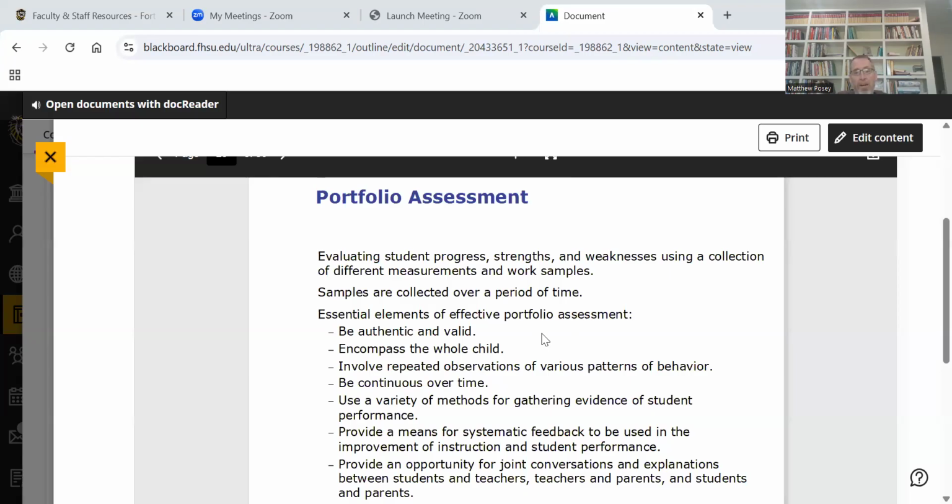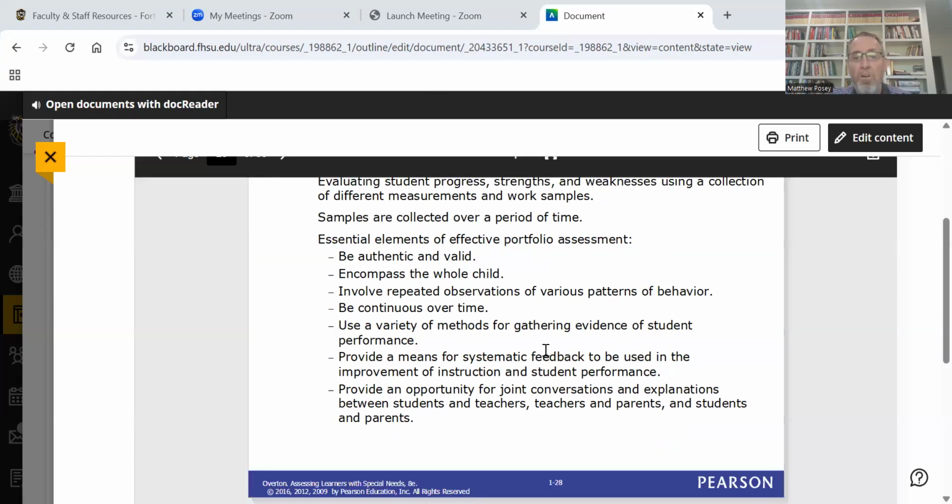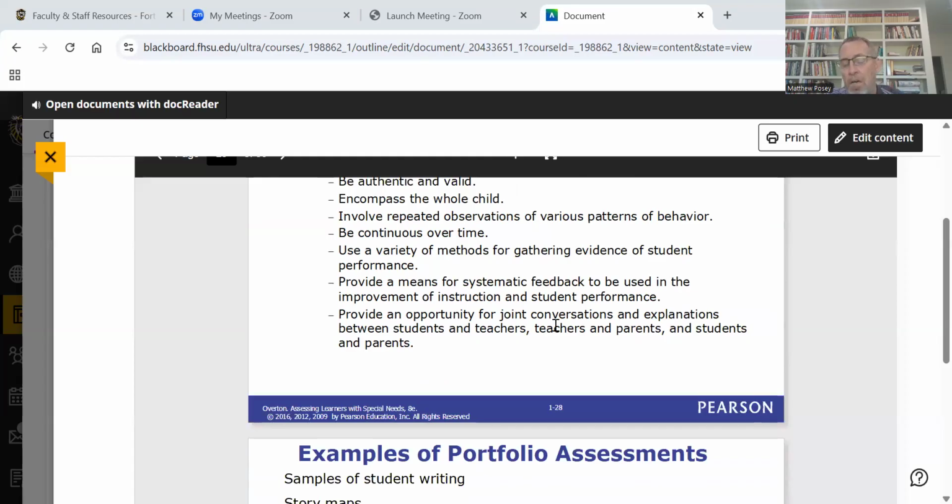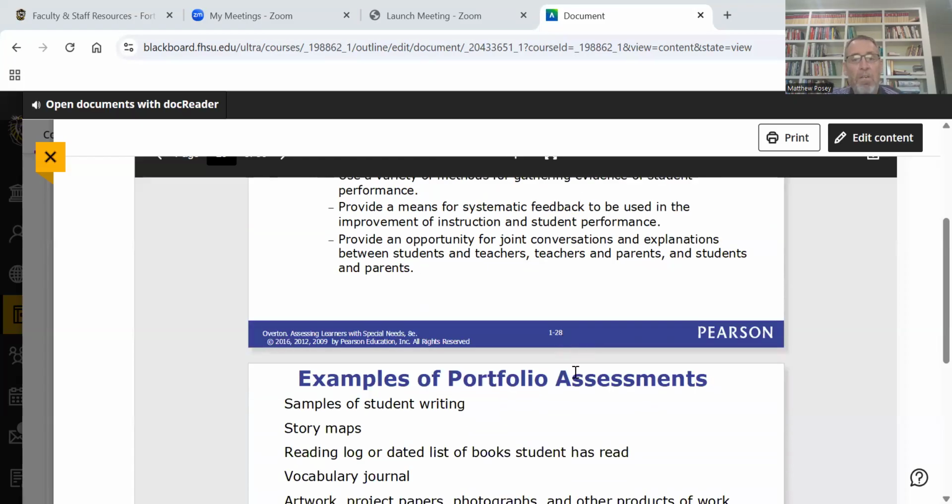You can provide work samples as a student, but it also gives you an idea to gauge a student's understanding, look for patterns in academic performance. So it's a good way to go back and look at just how they performed over time. Is it consistently low or is it continuously improving? And good artifacts to share with parents.